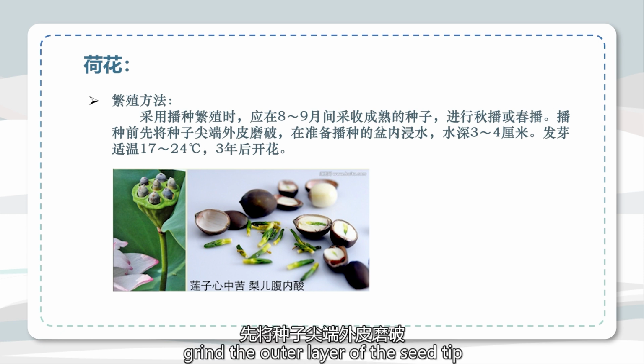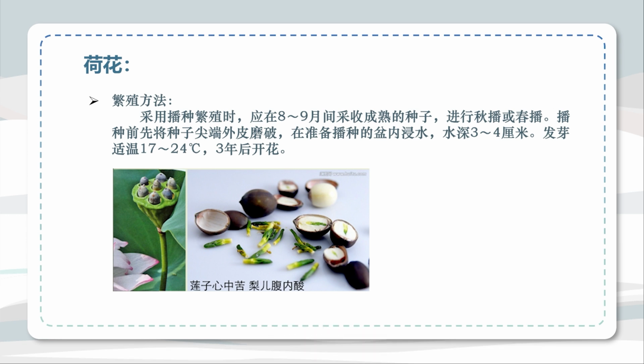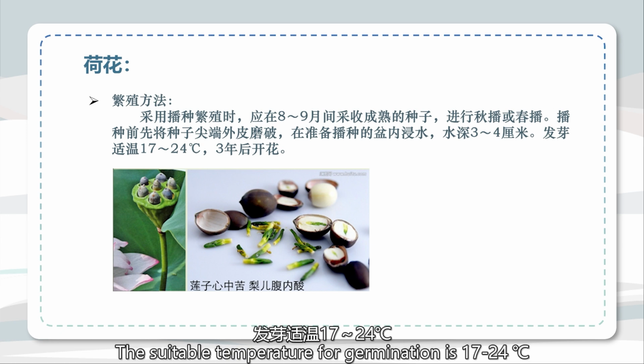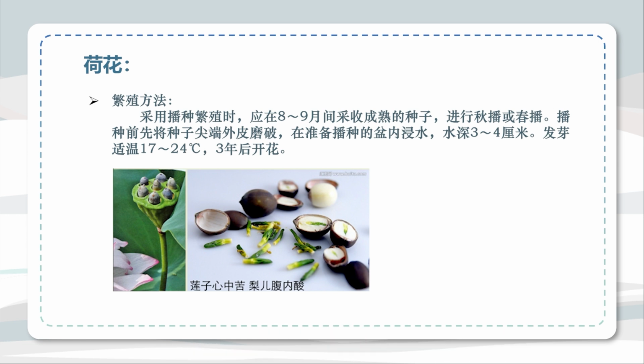Before sowing, grind the outer layer of the seed tip and immerse it in water, at a depth of 3 to 4 centimeters. The suitable temperature for germination is 17 to 24 degrees Celsius, and flowering will occur after 3 years.